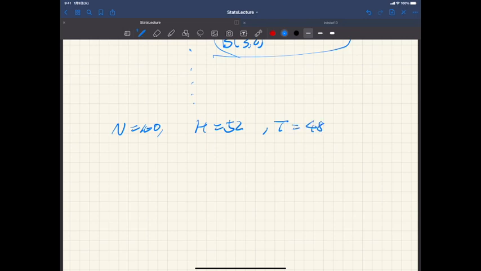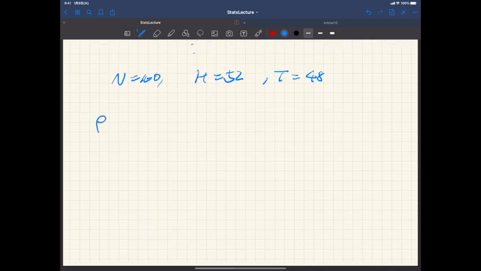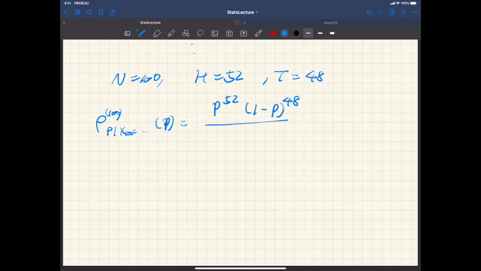If you continue the same process over and over, at the 100th step, our posterior probability will be something like this: p to the power of 52 and (1 minus p) to the power of 48, divided by the beta function B(53, 49).